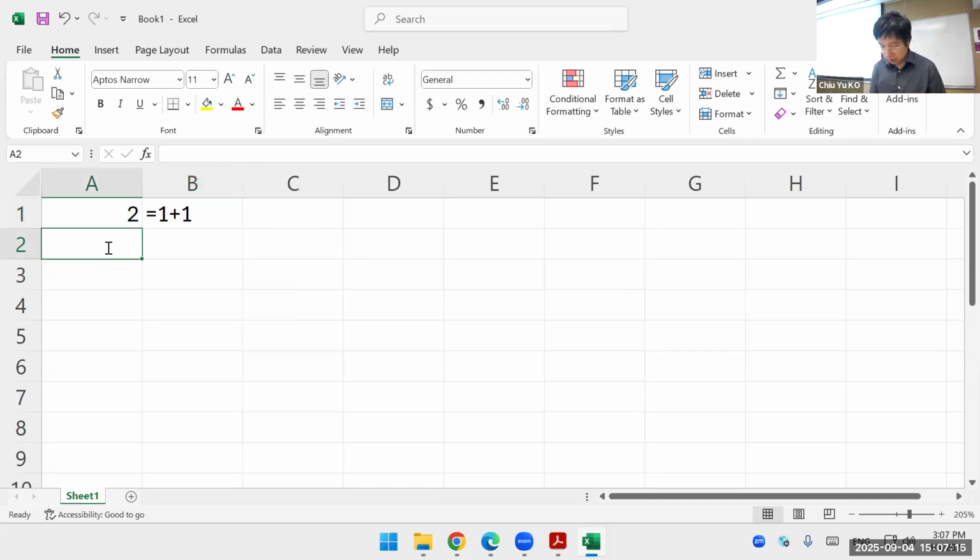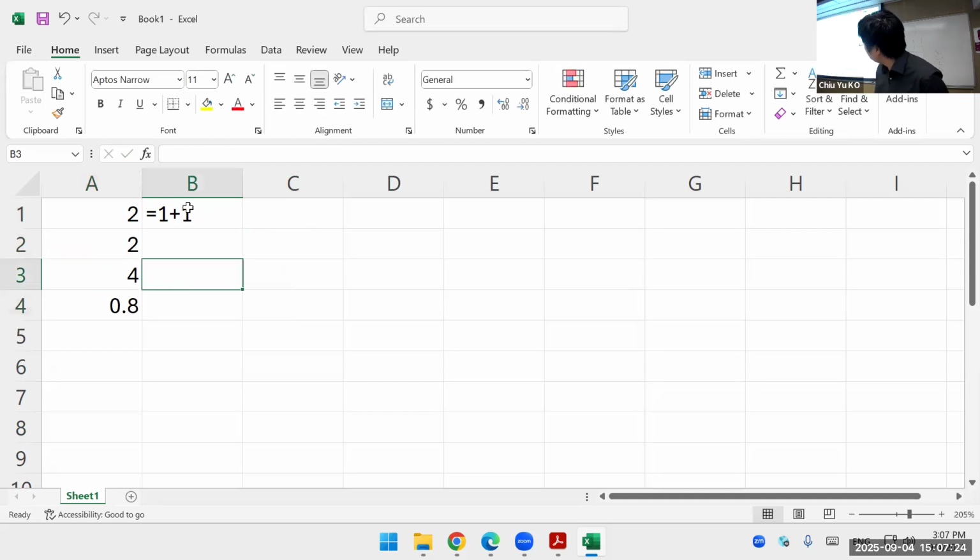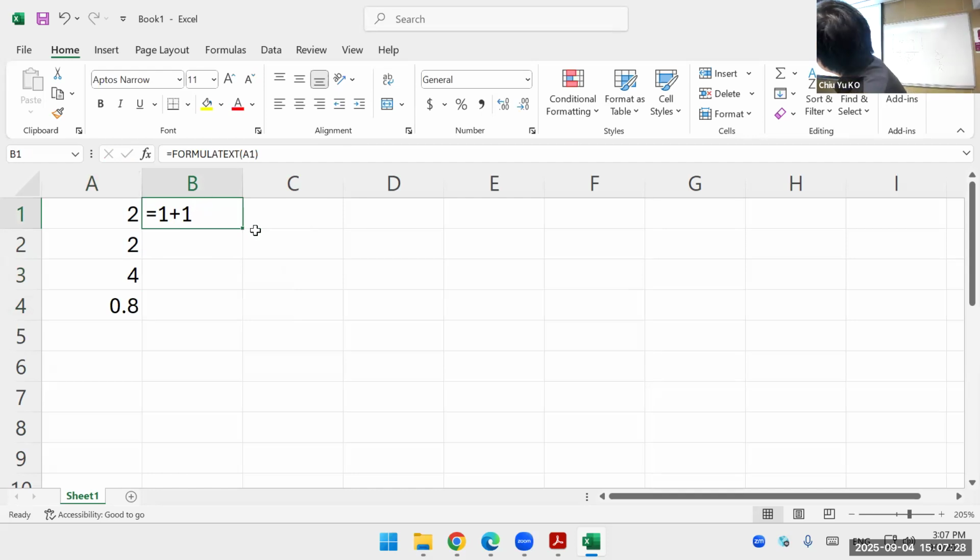Then I will have 3 minus 1, and 2 times 2, and 4 minus 5. Here I want to illustrate a particularly useful shortcut, because this is all filled up and this is not. You go to the right bottom corner, it becomes a cross.